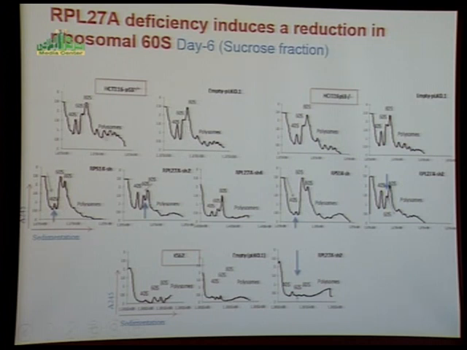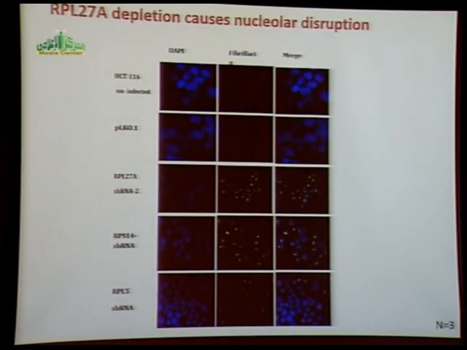And if we look at another positive control from the small subunit, we have a reduction in the small subunit. When we look at the null P53 cell lines, we also get the same result. That concludes that the induction of apoptosis we have seen in the null P53 cell lines is due to the disruption of the ribosome.